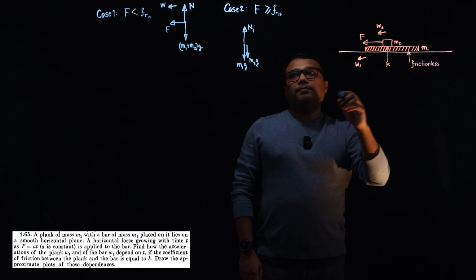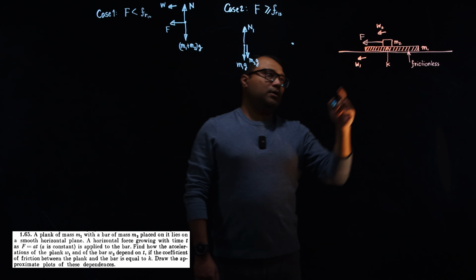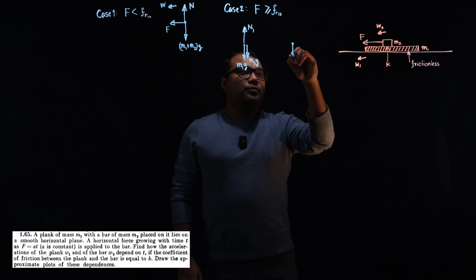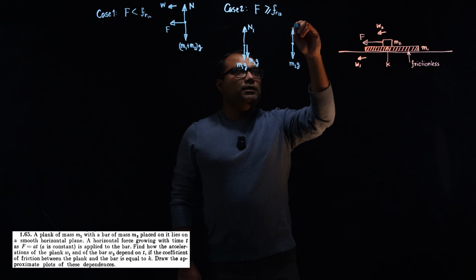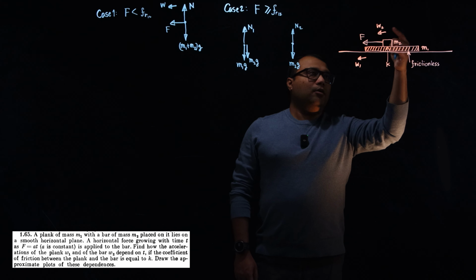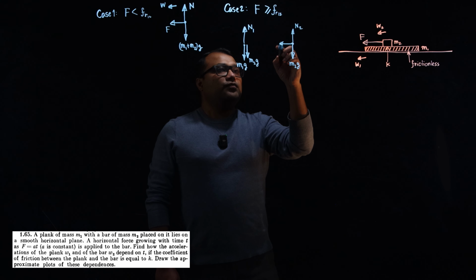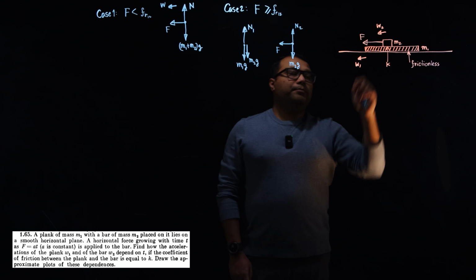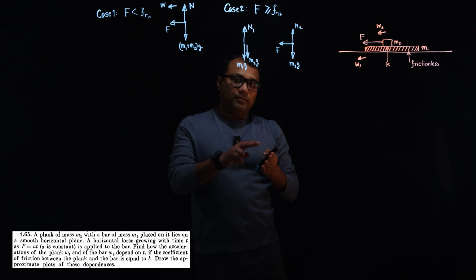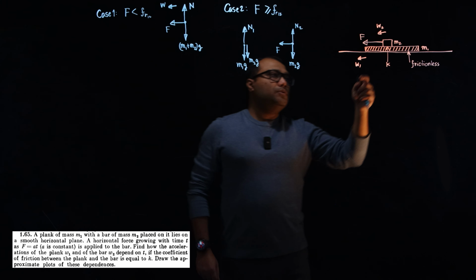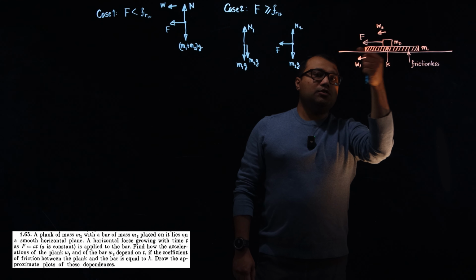So if I look at, for a moment, just m2's free body diagram, this is incomplete. So m2 is pulled by gravity, m2g. There is some normal reaction from this bar m1 on m2. N2 is the normal reaction. There is this force which is pulling m2, and this is the case when m2 is sliding on m1. So the relative motion of m2 with respect to m1 is to the left.